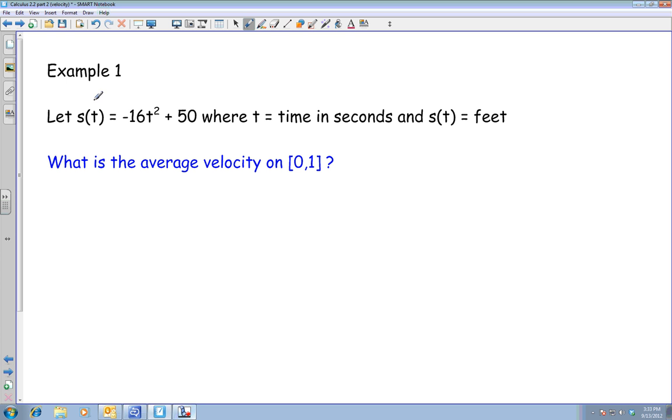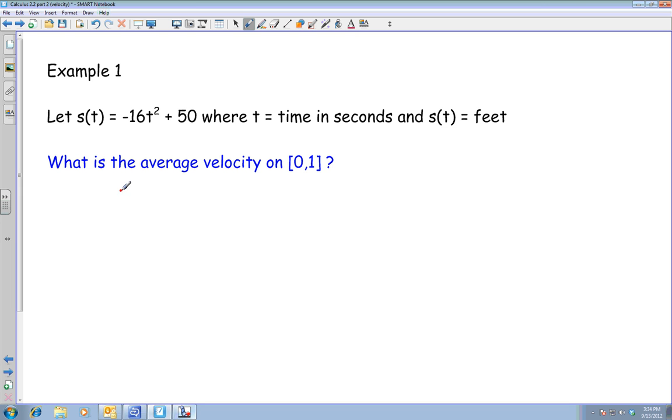Let my position be s of t equals negative 16t squared plus 50, where t is time in seconds and s of t is in feet. What is the average velocity on 0 to 1? So from 0 to 1 seconds, I want to know the average velocity. Here's what I'm going to write every time.